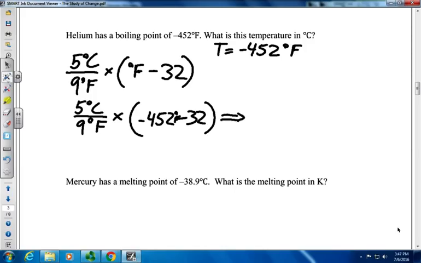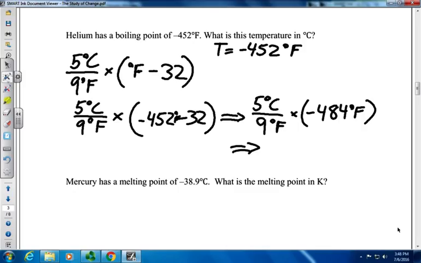So that brings us over to a more simplified version, which is 5 degrees Celsius over 9 degrees Fahrenheit times negative 484 degrees Fahrenheit. Because negative 452 minus 32 is going to give you negative 484. This in turn will result in your conversion being negative 269 degrees Celsius. That is the final answer.